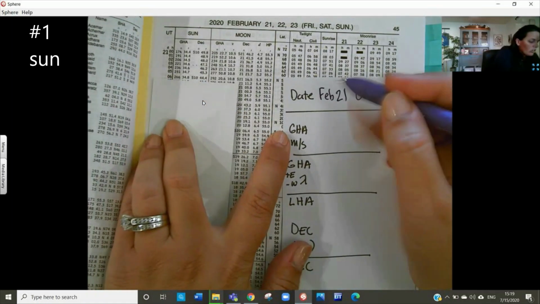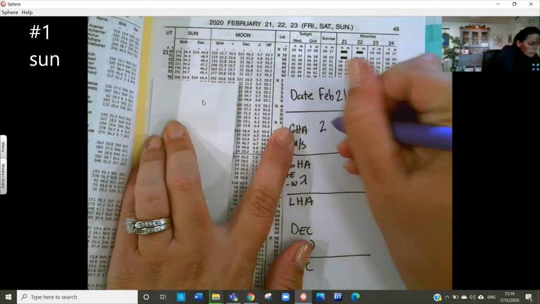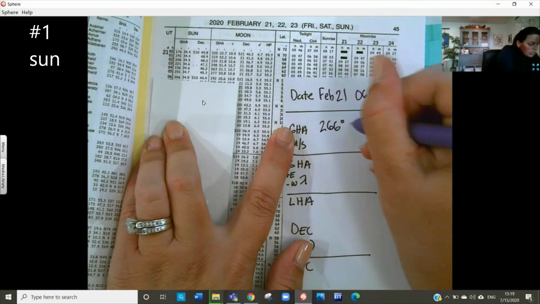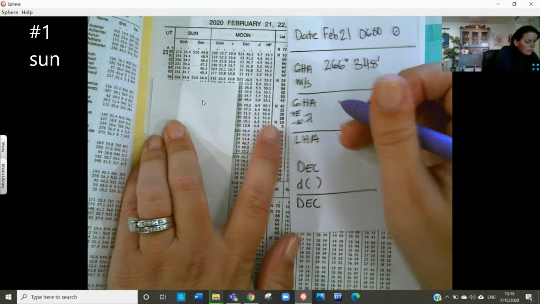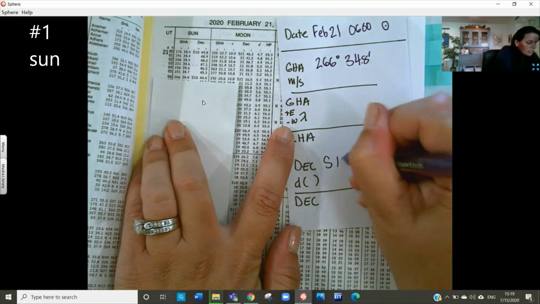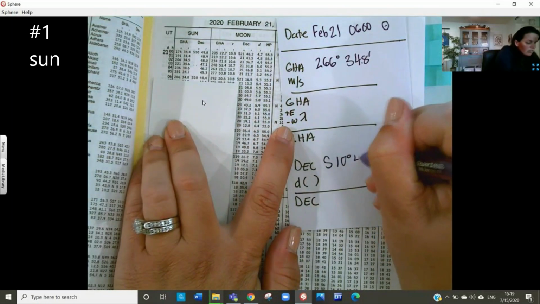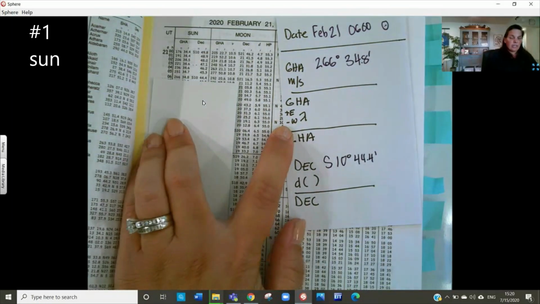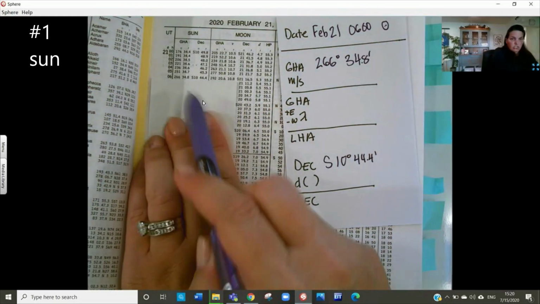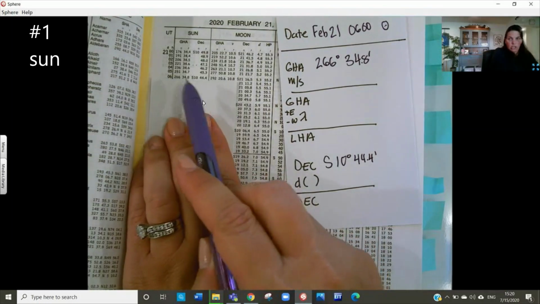So I can write 266 degrees, 34.8, and south 10 degrees, 44.4 minutes. So that is my GHA and declination that I just wrote from the almanac.